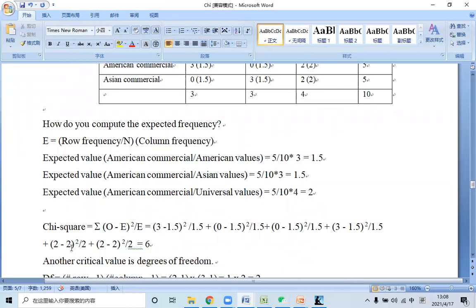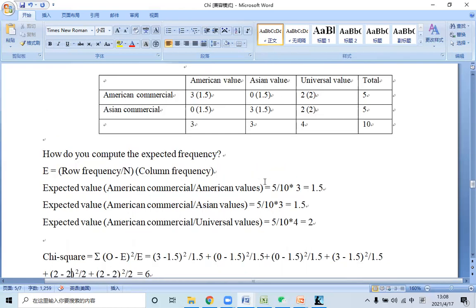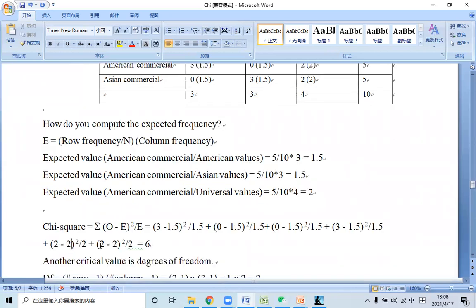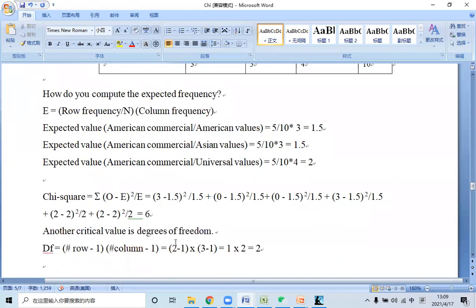They have the same, so they don't contribute any deviations. The larger the deviations, the more contribution a cell makes to the total chi-square value. And then these 2 basically cancel each other out. You don't get any deviation. They're zeros. And then you get the chi-square value.